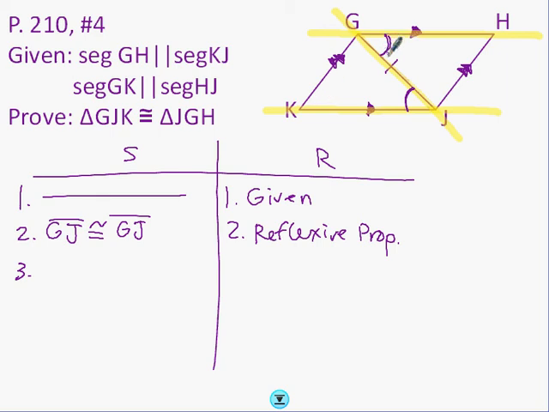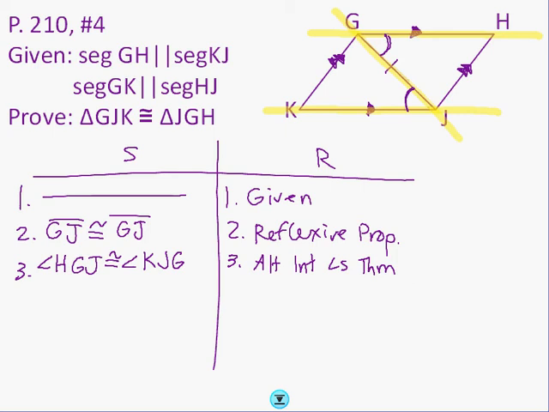One of them is on the right side of the transversal and the other is on the left, so they're alternate interior angles. So that is why I know that angle HGJ is congruent to angle KJG because of the alternate interior angles theorem.